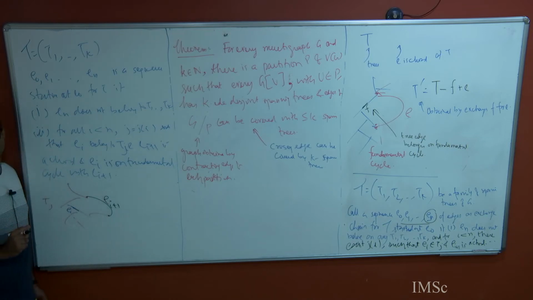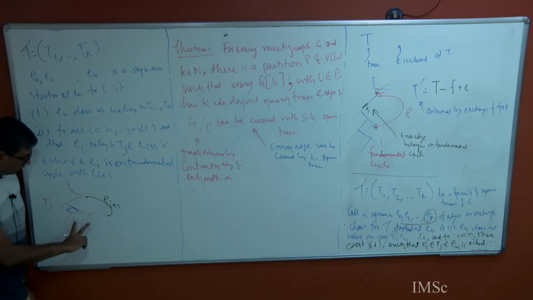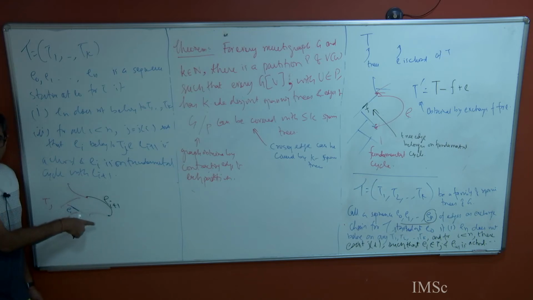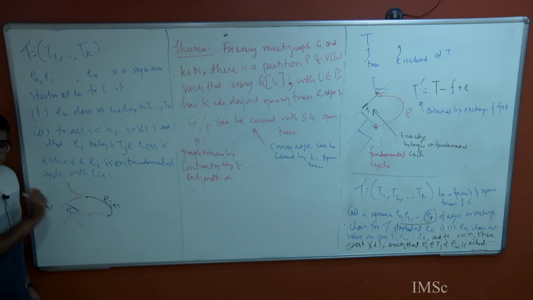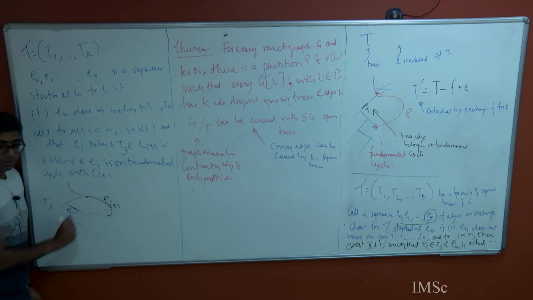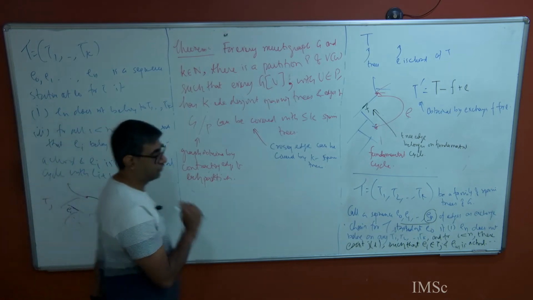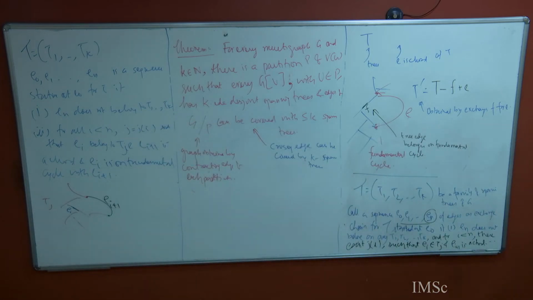Ei belongs to that fundamental cycle. In some sense you can think of this as: if you add Ei plus 1 to this spanning tree Tj, then you can evict Ei, right? So with respect to spanning tree Tj, you could do an exchange for Ei plus 1. So basically, an exchange chain means that for every edge, there is some tree which this edge belongs to, and the edge which is succeeding it can be used as an exchange. Okay, so this is what it means.